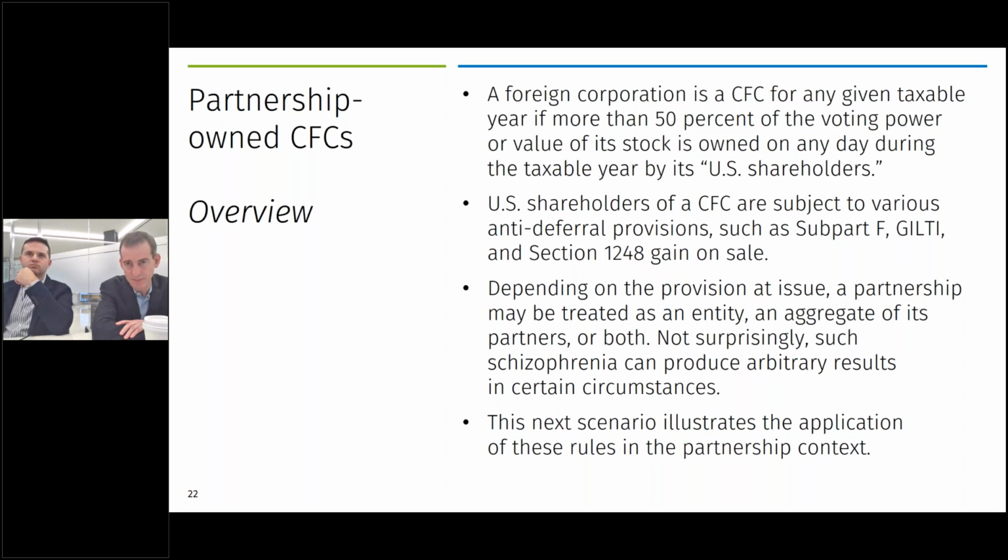But then for the income imputation requirements, you treat that domestic partnership as a foreign partnership, and so it's an aggregate. So that's what I mean by sort of a schizophrenic view of domestic partnerships.